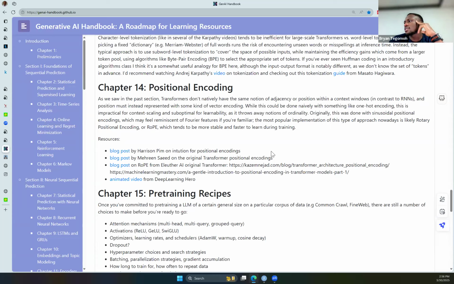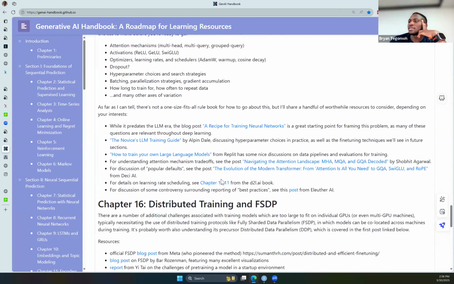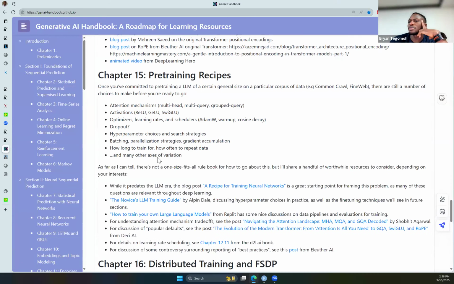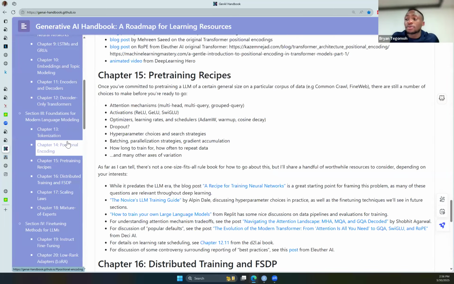In the next lecture we will discuss the next chapter. We'll discuss pre-training recipes and the others. So we're going to probably spend some time in this chapter laying the basic foundation of modern language models. So with that, I think I'll end there.